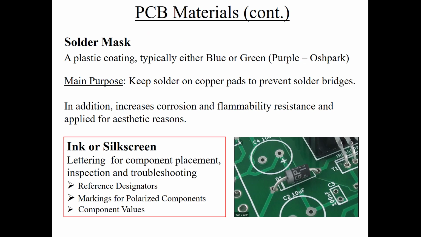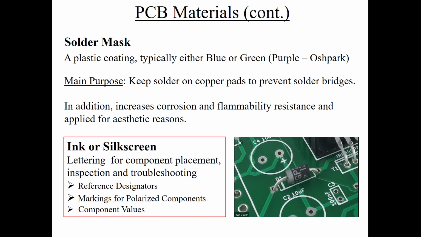Now another material for a printed circuit board is the solder mask, and it's a plastic coating. The main purpose of this plastic coating is to prevent solder bridges, because solder flows, and it likes to flow where it shouldn't be. If you have solder between, say, two pads or two traces where it shouldn't be, it causes a short, which is what we refer to as a solder bridge, and that can cause damage to your circuitry.